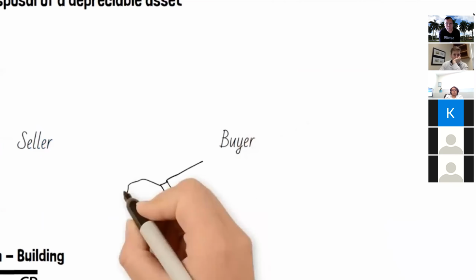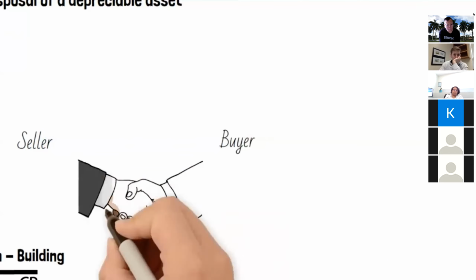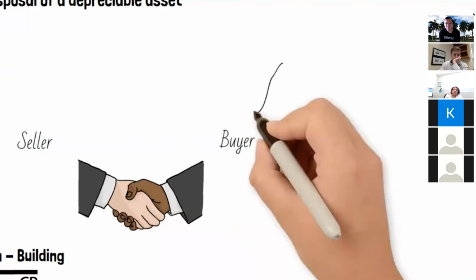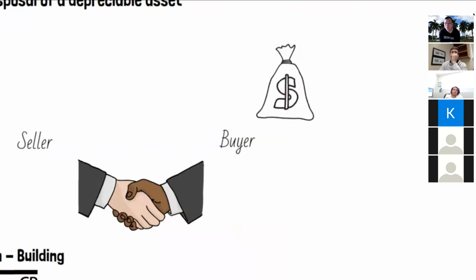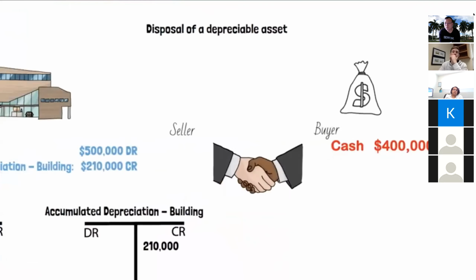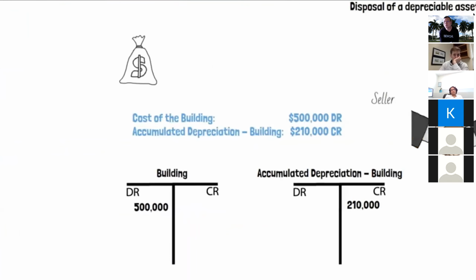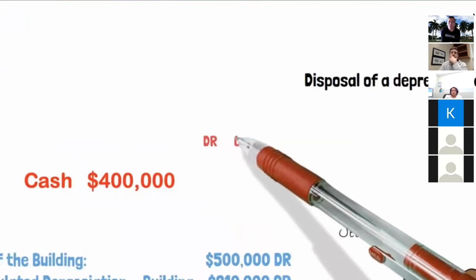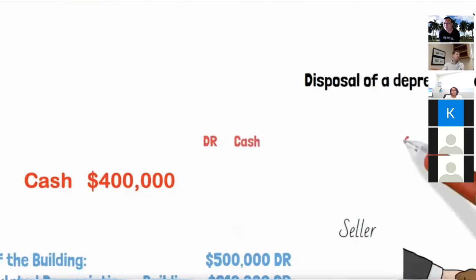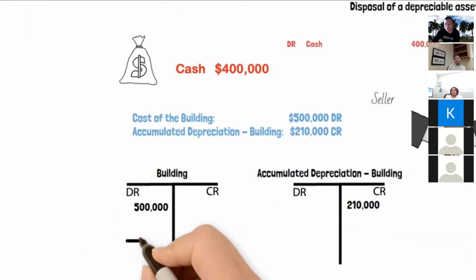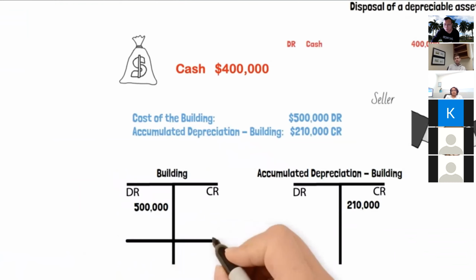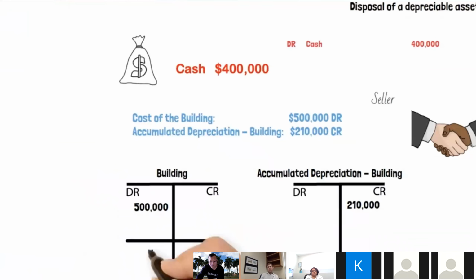So suppose the seller and the buyer make a deal, and the buyer will pay cash 400,000. Let's take a look at the journal entry on the seller's side. So the seller received $400,000 cash. The seller is going to debit cash for 400,000. So now the building account should be 0 because the seller does not own the building anymore.